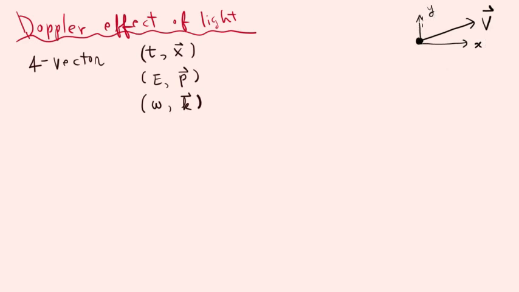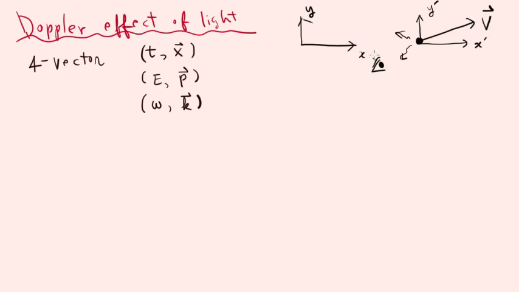This reference frame is moving at velocity v. This is x prime and y prime, and we are asking the question: if we observe this light coming out of this radiation source from a rest frame here. And again, we will be kind of adventurous here.